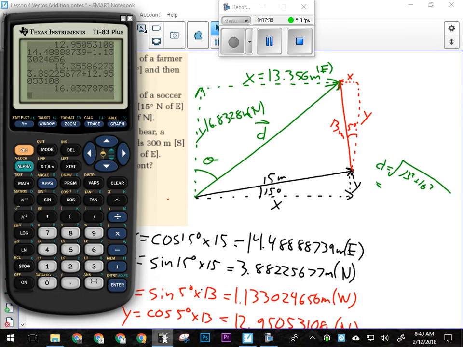Okay, so we'll have the square root of 13.35586 squared plus our answer from the last one squared. All right, so our overall displacement's 21 point, and I think we have two significant figures here, so it's just going to be 21 meters.